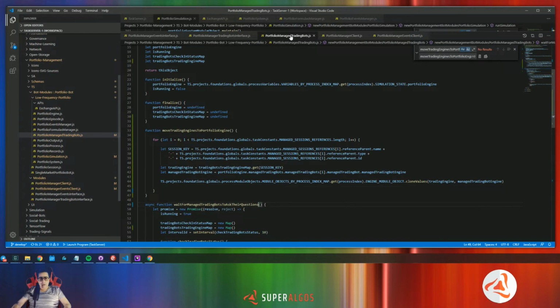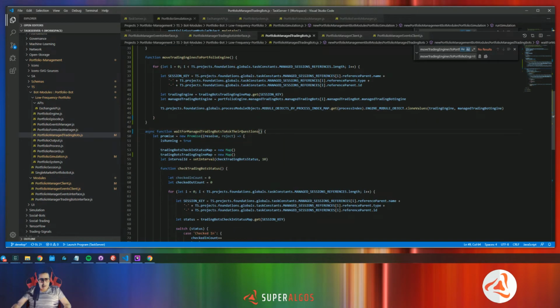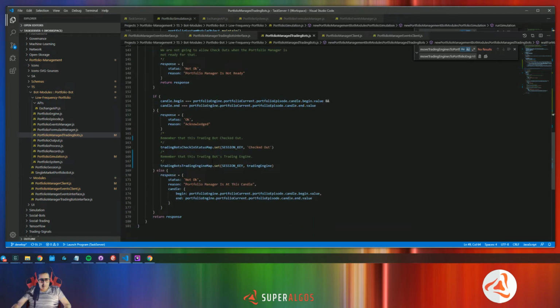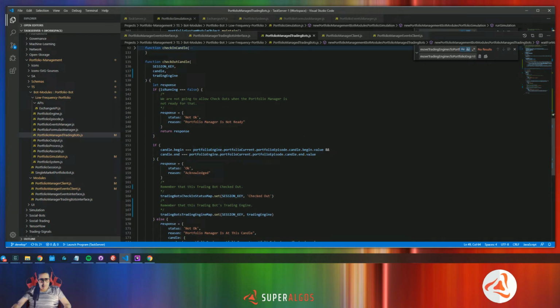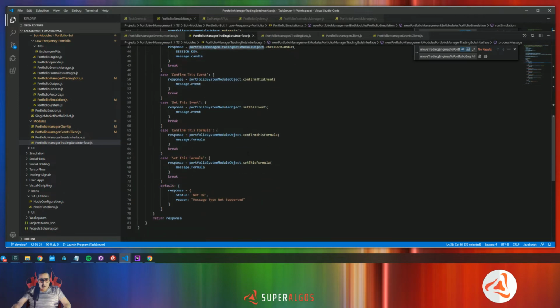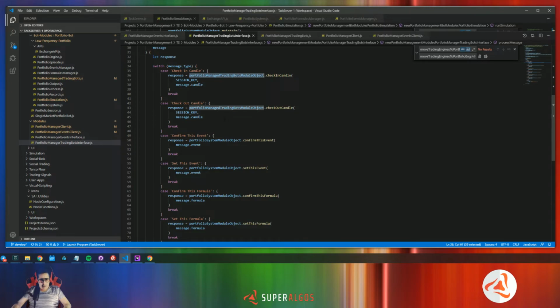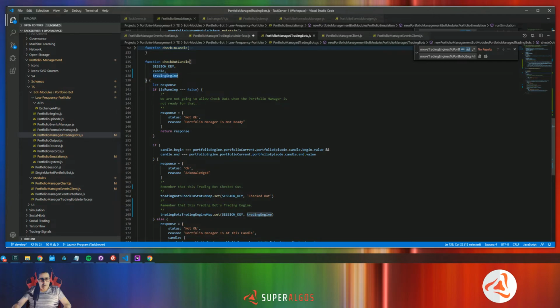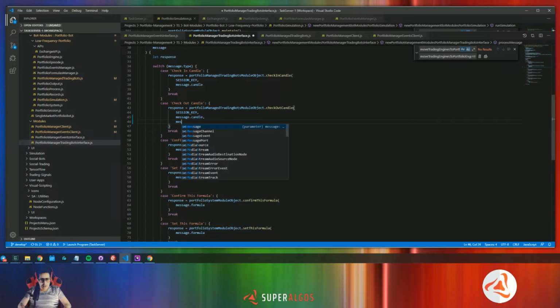What I wanted to check is that here at the checkout, to get this parameter from here, we will need that this checkout includes the message dot trading engine.